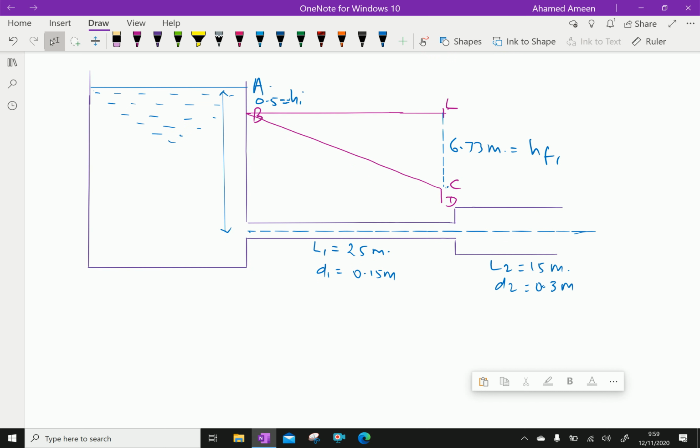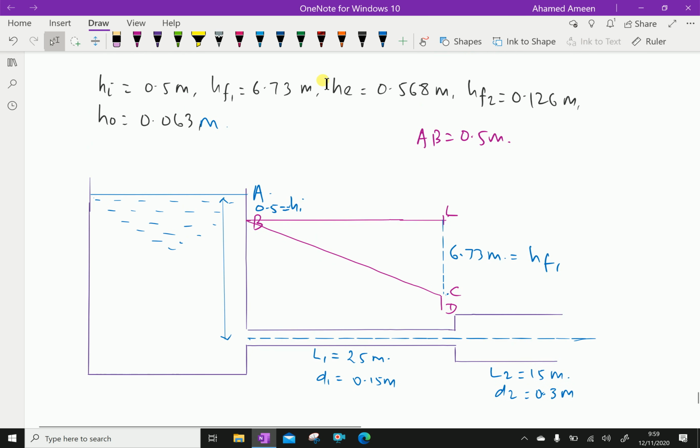From D, draw to a point E a drop of 0.126, that is Hf2.